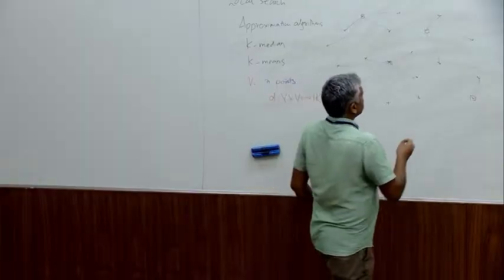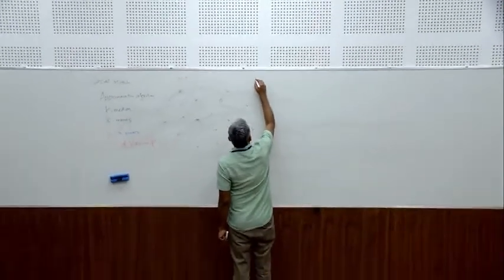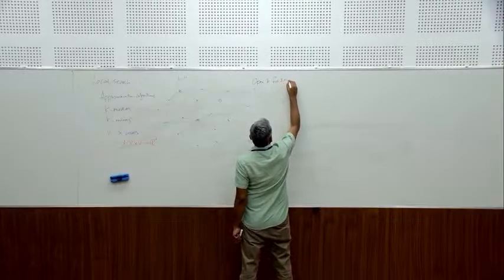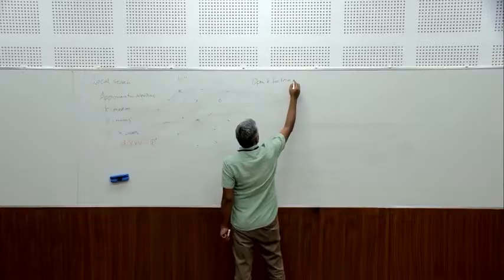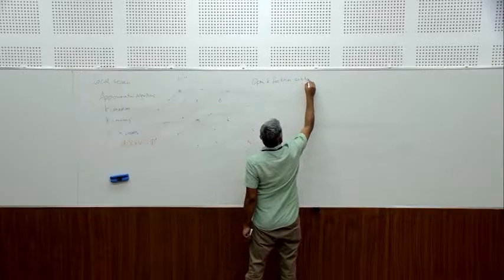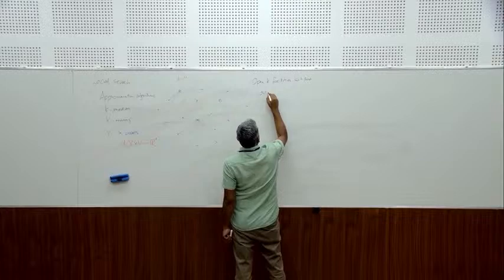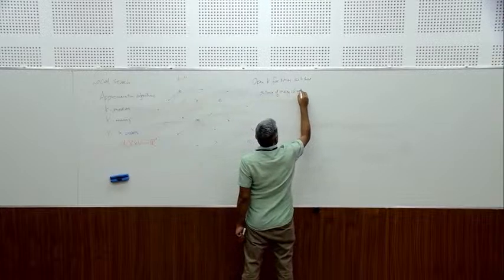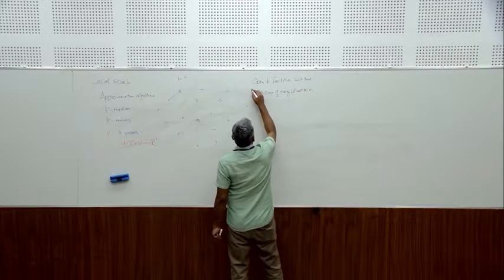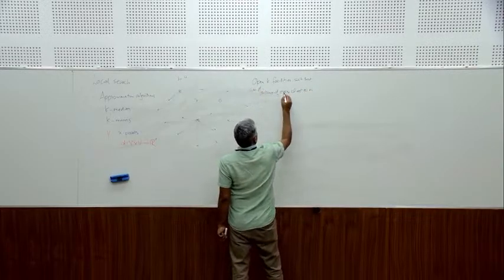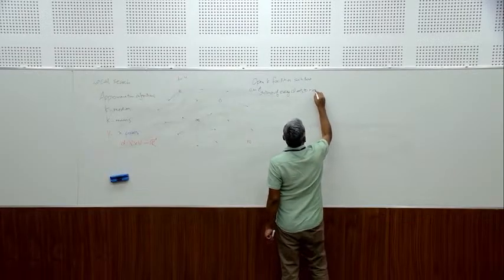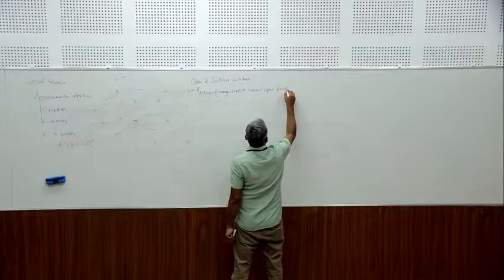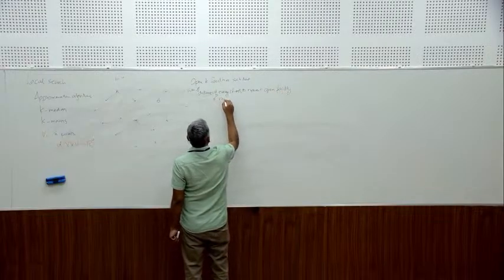I'm trying to minimize, so open K facilities such that the sum of distances of clients to the nearest open facility is minimized.